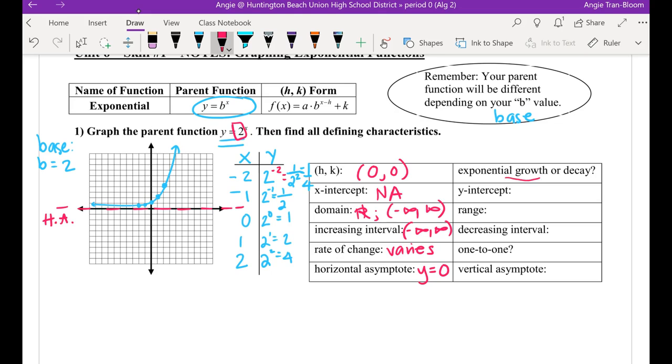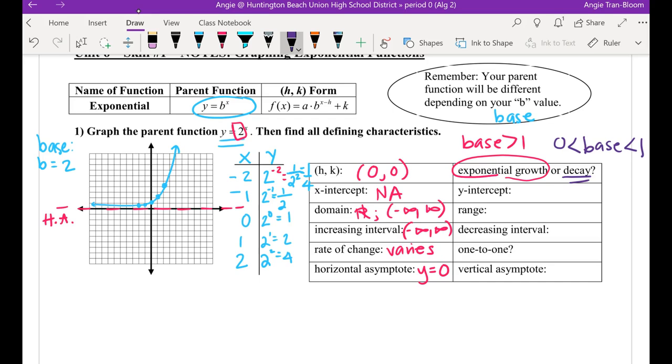So an exponential growth, if your base is greater than 1. Now, it's a decay if your base is in between 0 and 1, non-inclusive. So like a half, a quarter, 3/4, those are in between 0 and 1.